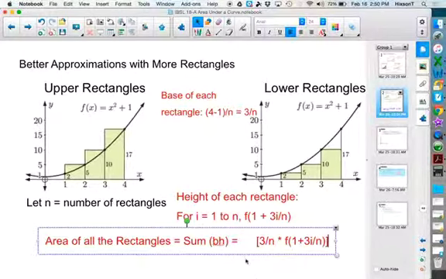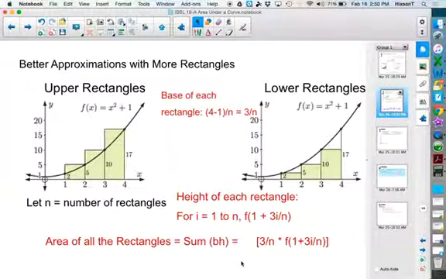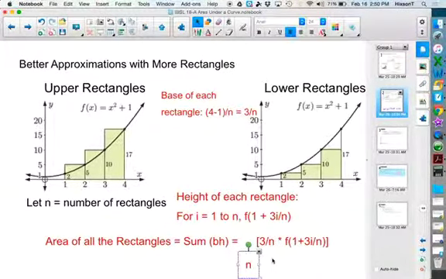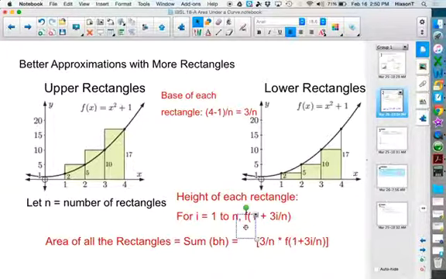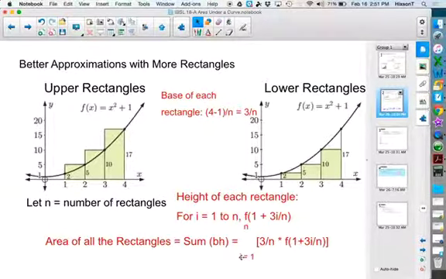Okay? So here we'll write in our n, and then we need an I equals 1. All right, and we need the sum of this, right?